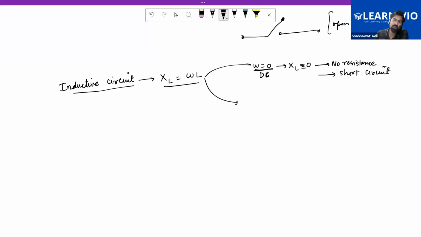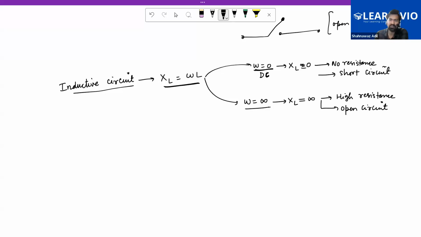So inductor provides no resistance to the DC current. But let's say if you have omega which is infinity, then XL is also infinity. Then you will have high resistance. Then you will have open circuit, right?